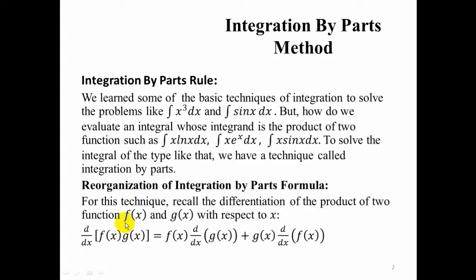When two functions, like function f and function g, are in multiplied form, and the independent variable of these two functions is x, the derivative of the product of these two functions is: write the first function as it is and take the derivative of the second function with respect to its independent variable, plus the second function into the derivative of the first function with respect to its independent variable. So this is actually called the product rule of differentiation.